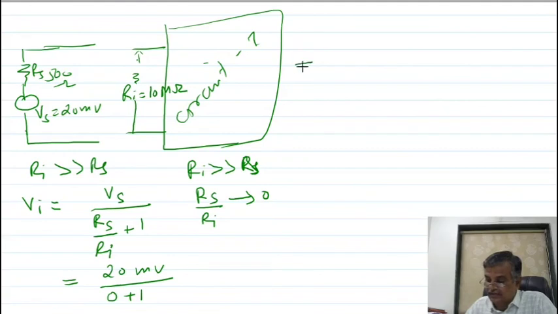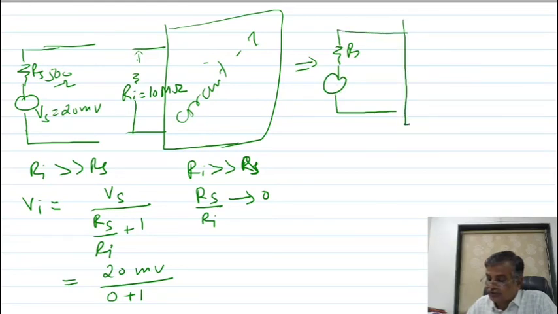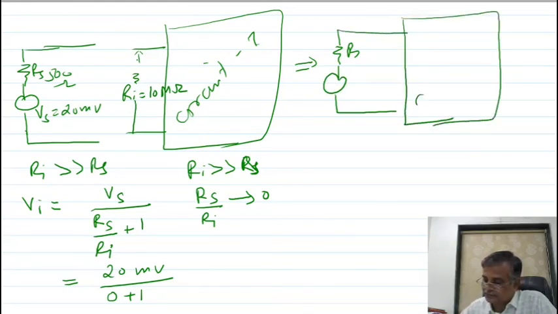So when you connect this circuit to the circuit number 1, Ri is what? Very large. This is a 20 millivolt.